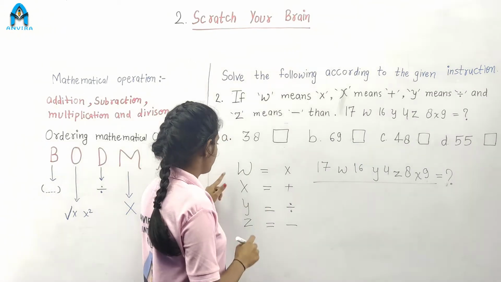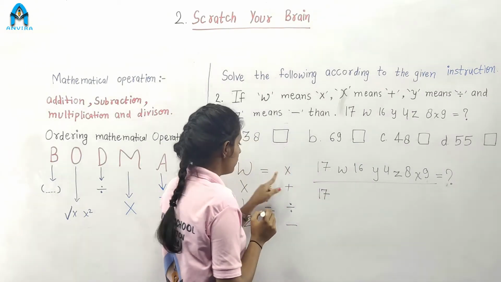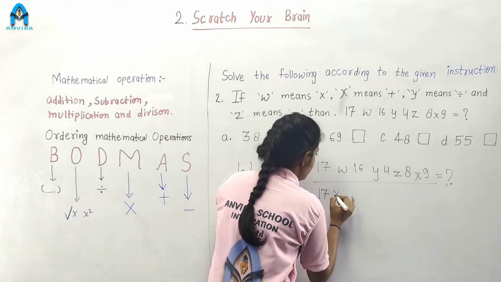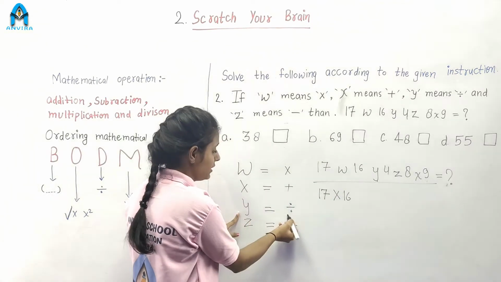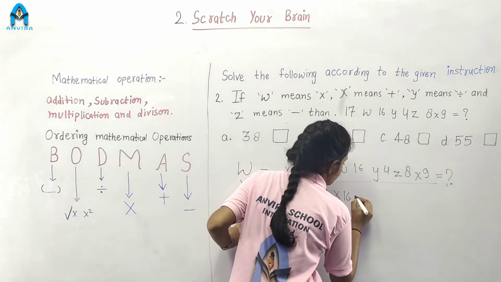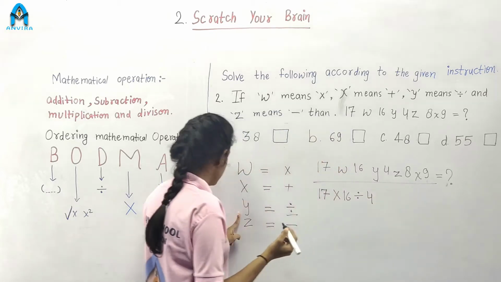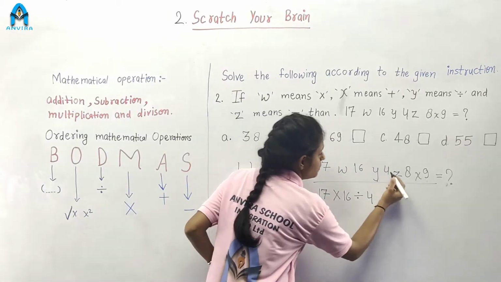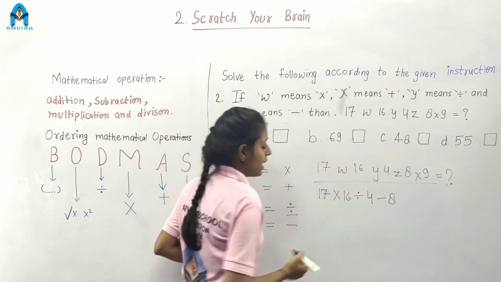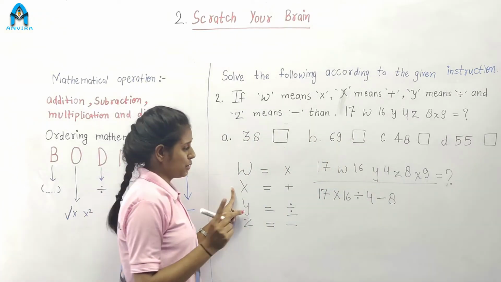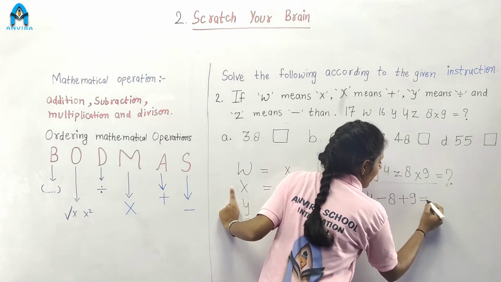Now change W. 17, W means multiplication. Then 16, Y. Y means divide. Next, number 4, Z. Z means minus. Then number 8, X. X means addition. Number 9.